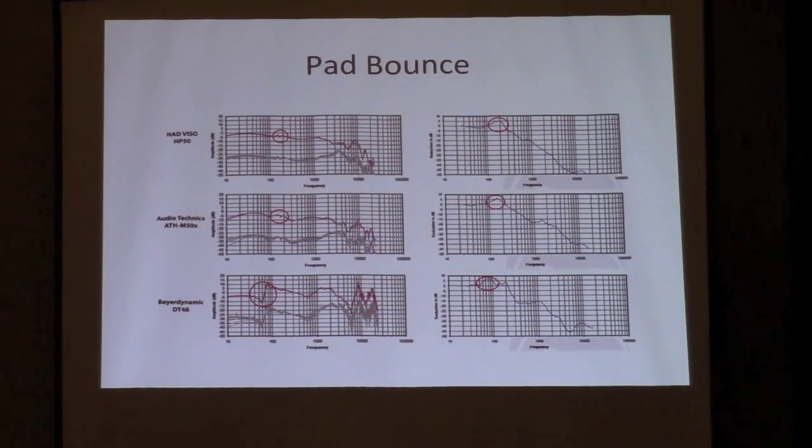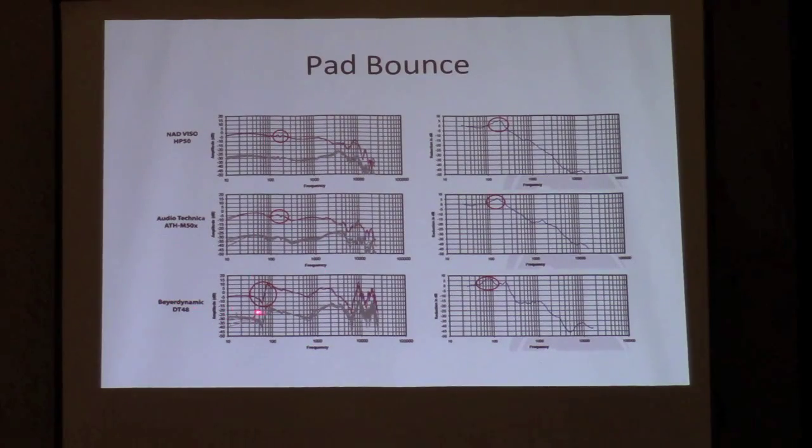So here's some other things we see on headphones. This is pad bounce. So this is the headphones literally going like this when there's a resonant frequency that the pads bounce on the head, and so at some frequencies, you're going to get this bouncing of the pad, and that can be seen in the measurements. So these are 3 different headphones.